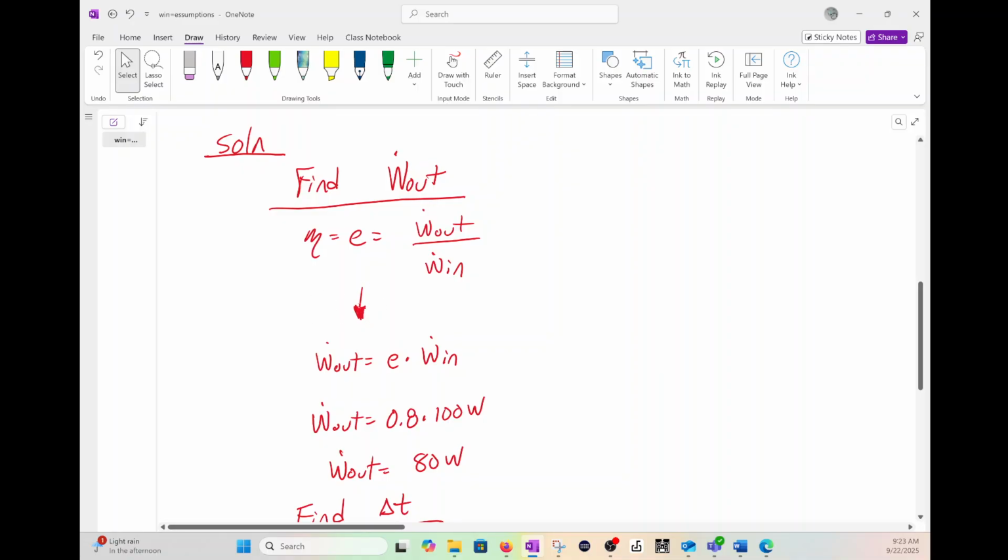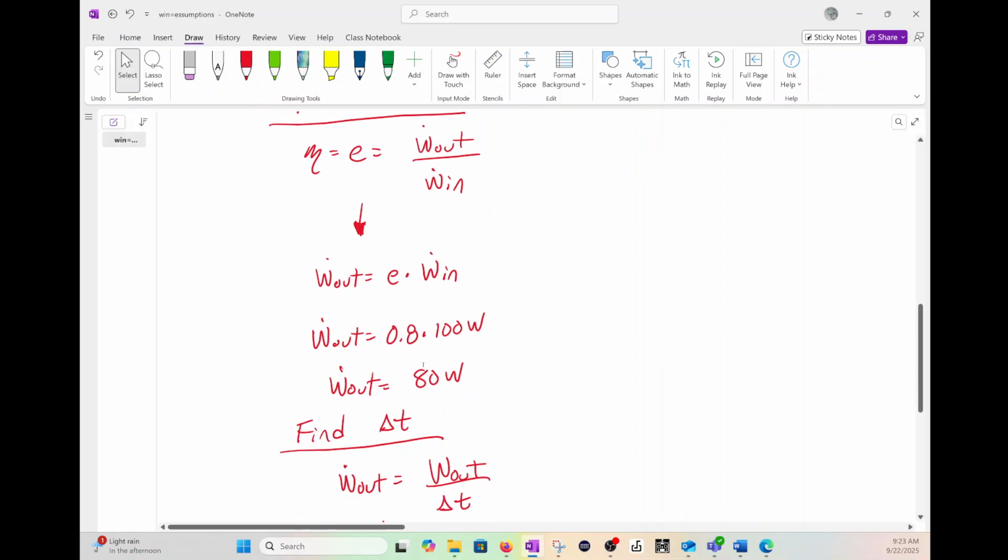I indicate that I'm rearranging this equation to solve for the output power, which is just the efficiency times the input power. And then plug in your numbers with units. I didn't box anything yet because these are not the final answers I'm looking for.